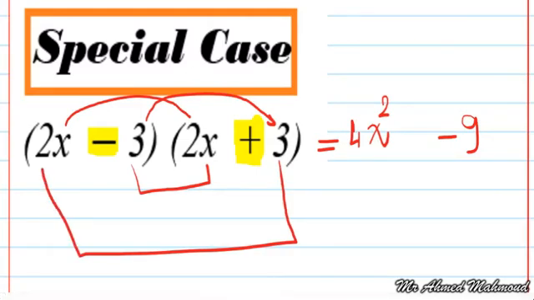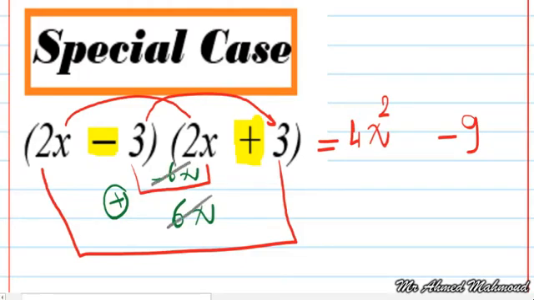We have negative 3 times 2 equals negative 6x. 2 times 3 equals 6x. Negative 6x plus 6x equals 0. Their result is 0. Then we cross them out, and we don't have a middle term. So this one is a special case.